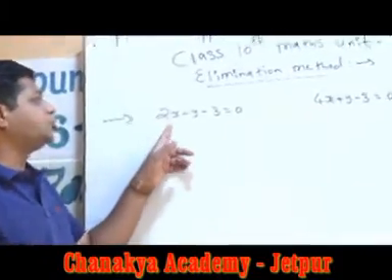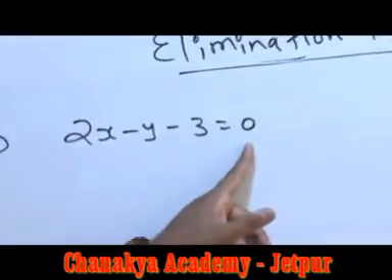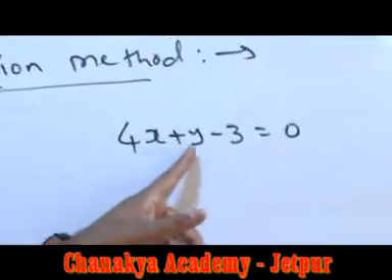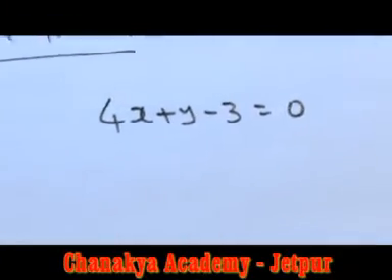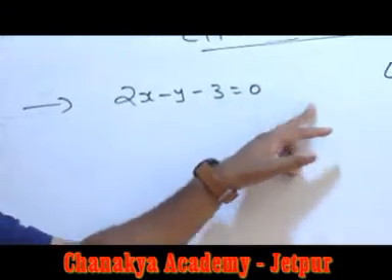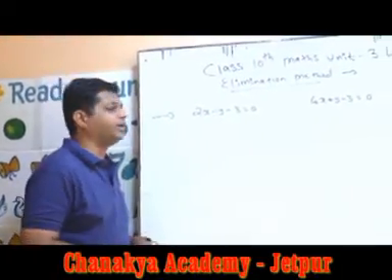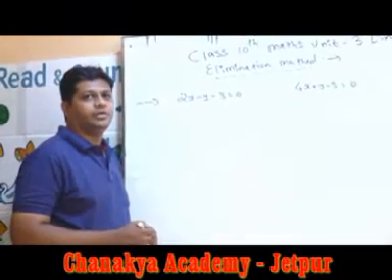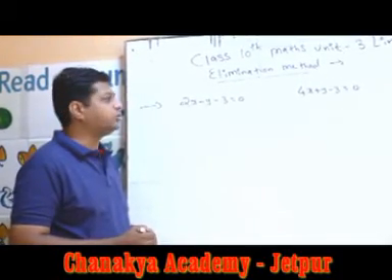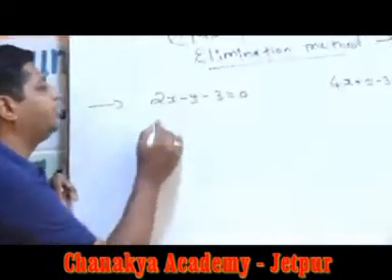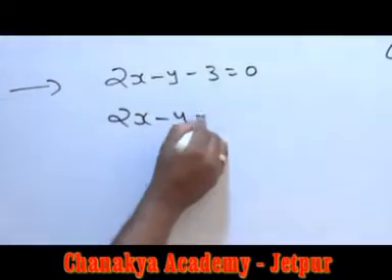Our first equation is 2x - y - 3 = 0, and the next equation is 4x + y - 3 = 0. Students, we are not marking these as equation 1 and equation 2 because they are not simplified. First of all, we have to simplify them, that is, we take variables x and y on LHS and constant on RHS. Here 2x - y = 3.